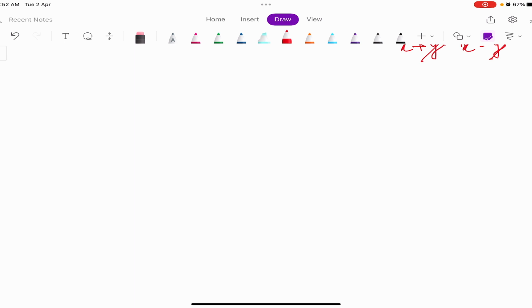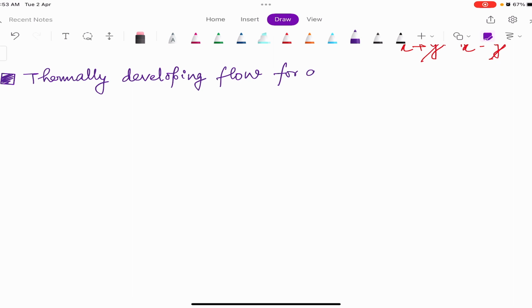Let me just pose the problem here, and we will formulate and solve the problem in the next discussion. So the next problem is thermally developing flow for an isothermal pipe.